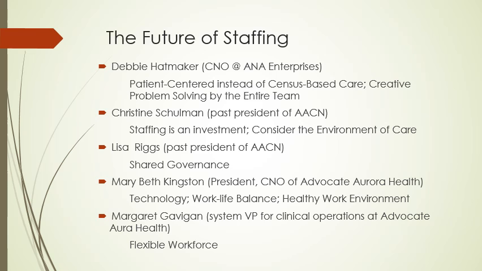The other one is Mary Beth Kingston. She was the president and CNO of Advocate Aurora Health. She talks about technology like the EMR. So our EMR must enhance workflow. It should have predictive census and acuity and staff information in it.